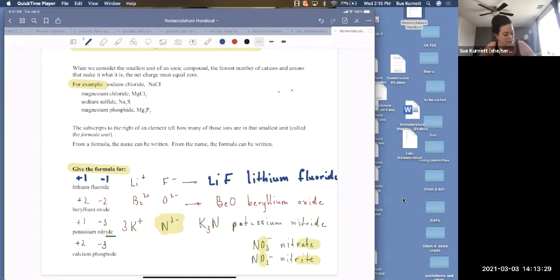So we're going to need 3 calcium ions, because the calcium is +2, to add to a charge of +6, the lowest common multiple, and 2 phosphides to add to -6. That's the ratio of cations to anions that make a total charge of 0. That formula unit represents a larger salt of calcium ions and phosphide ions.